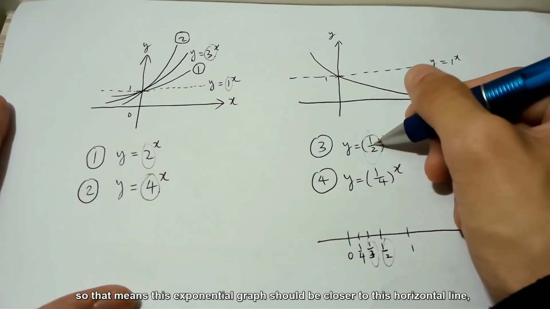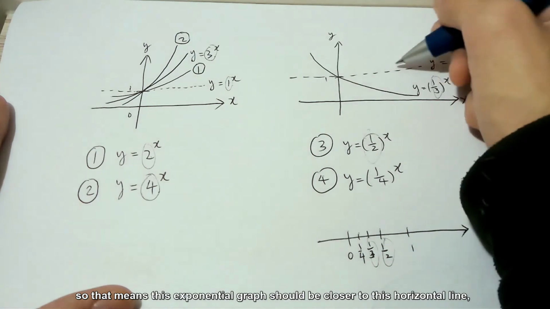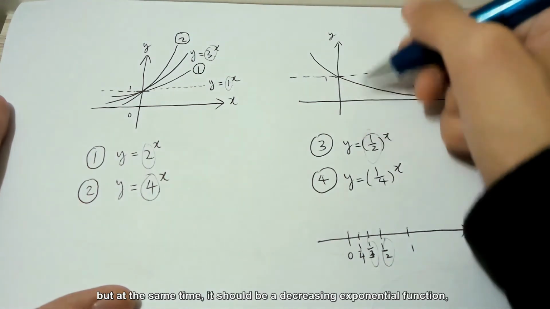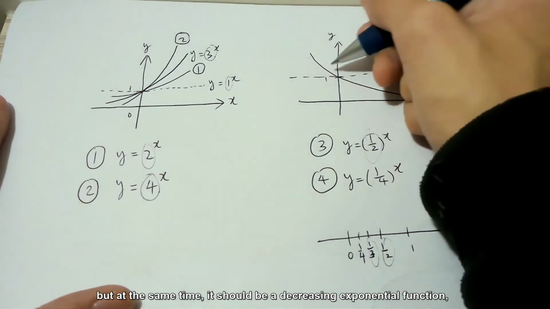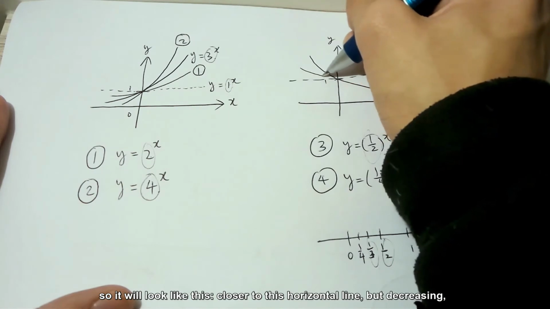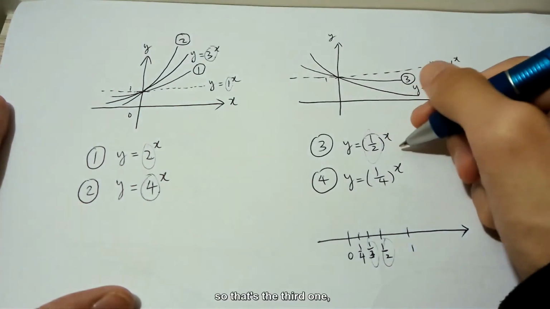So that means this exponential graph should be closer to this horizontal line. But at the same time, it should be a decreasing exponential function. So it will look like this, closer to this horizontal line, but decreasing. So that's the third one.